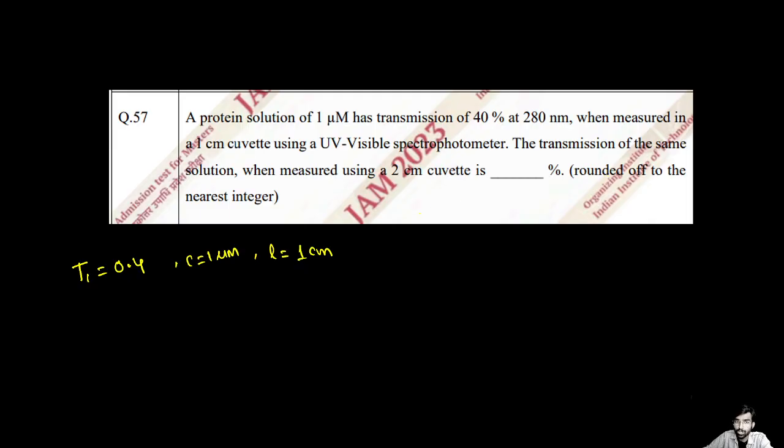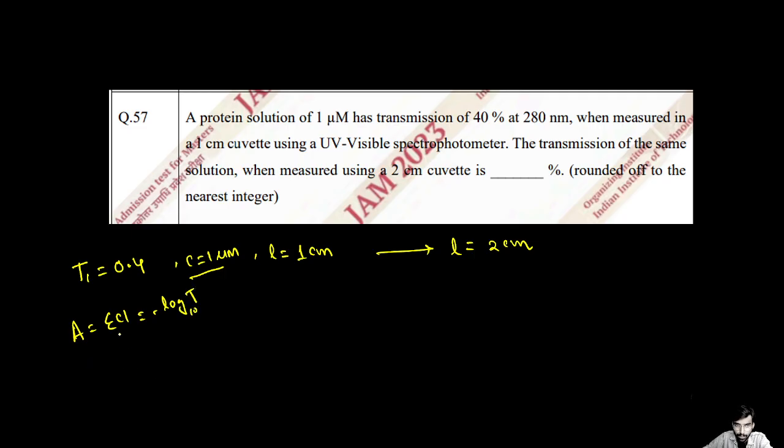The transmittance of the same solution when measured using a 2 centimeter cuvette is asked. That means C is constant. Now here L is changing to 2 centimeter. Now we know absorbance equals epsilon C L equals minus log base 10 of transmittance.